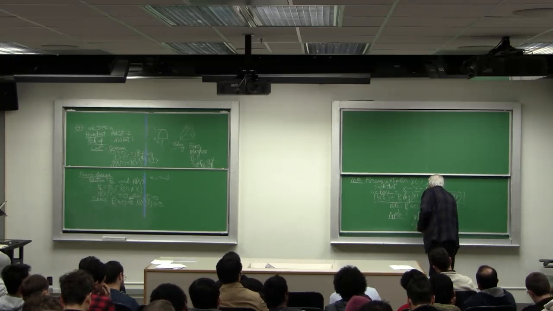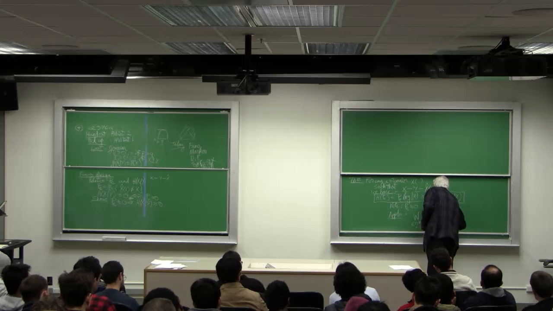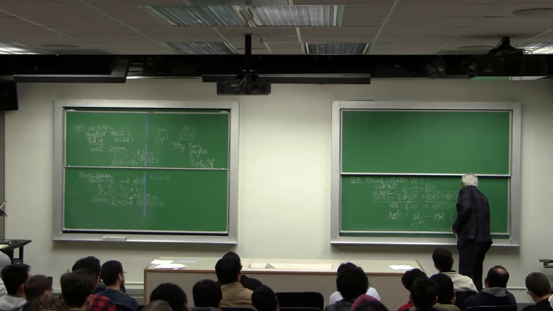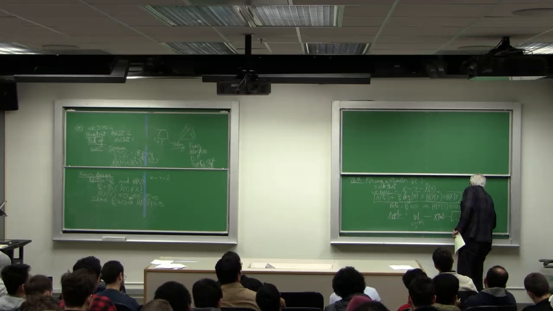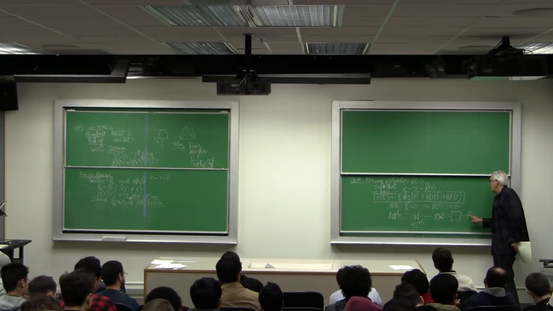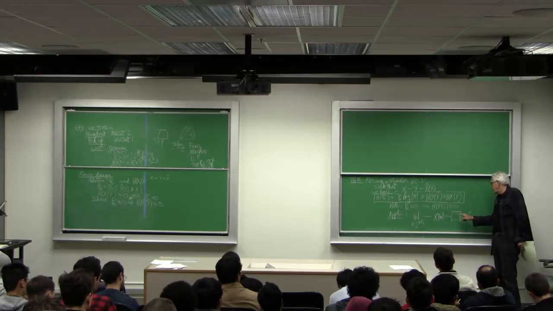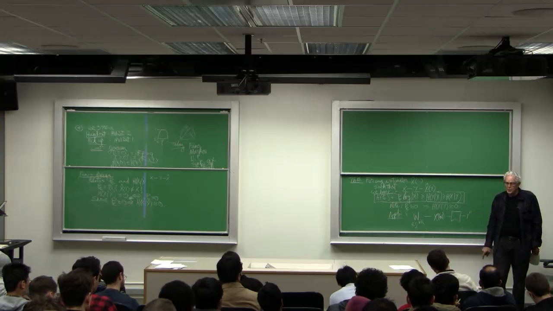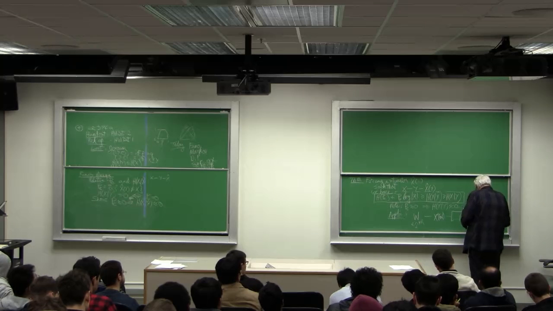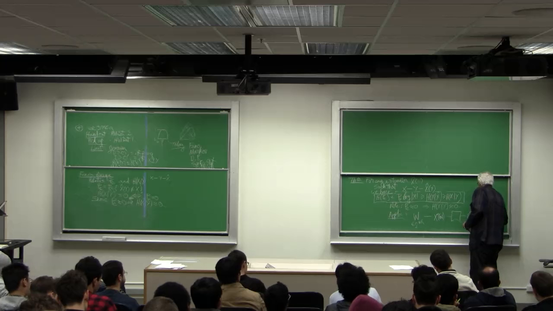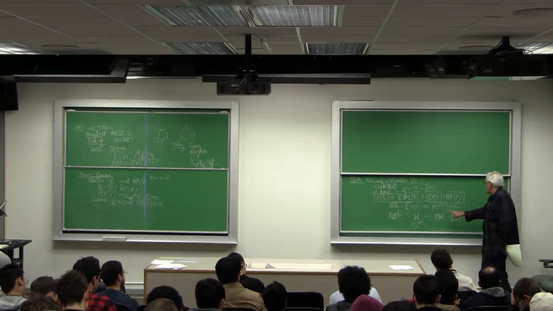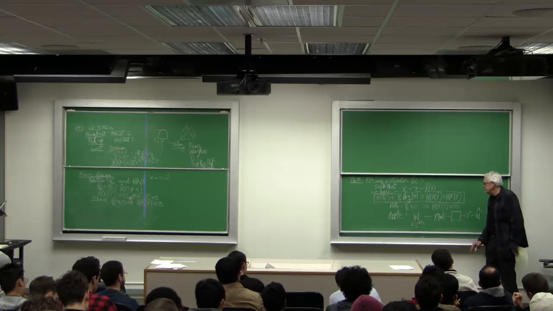And I turn it into a sequence of inputs for a channel, and it goes through this channel and comes out with some random output drawn according to the conditional distribution of y given x, and then turn that into an estimate w hat, an integer estimate of what w is.